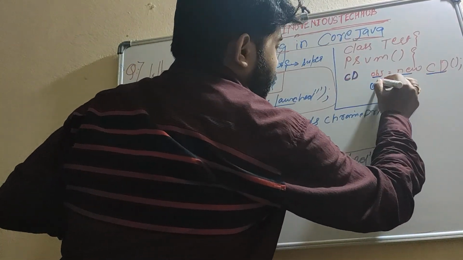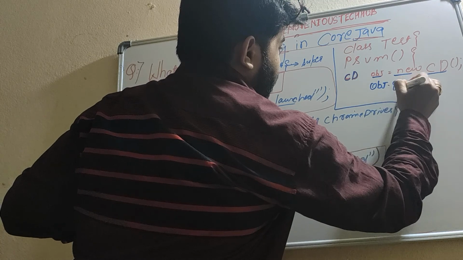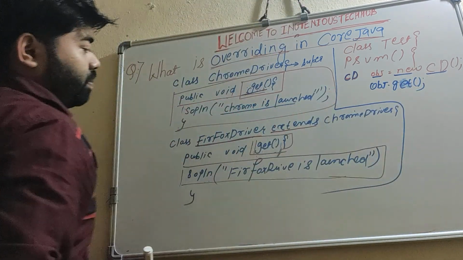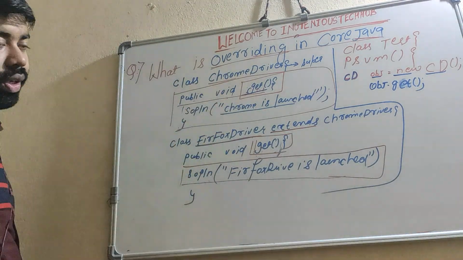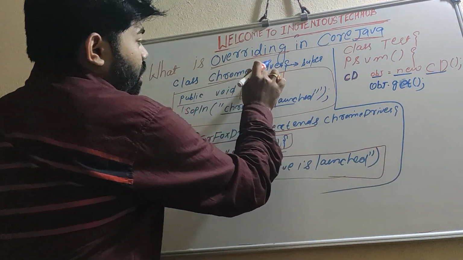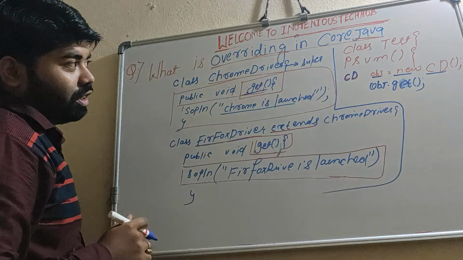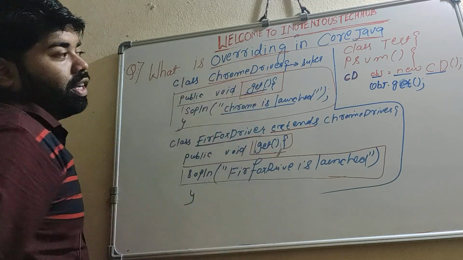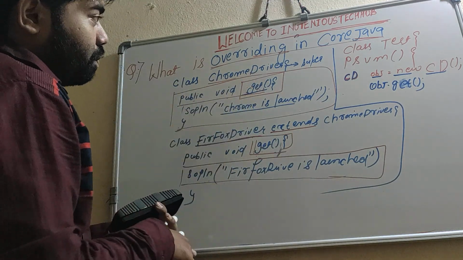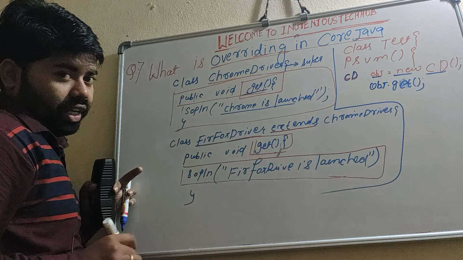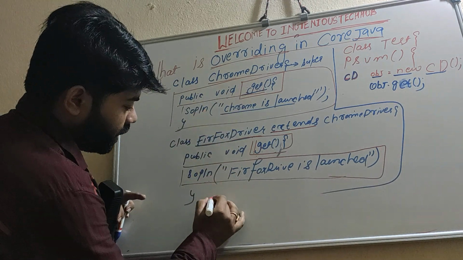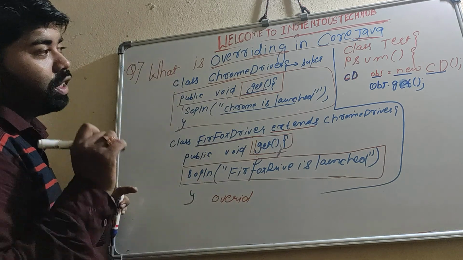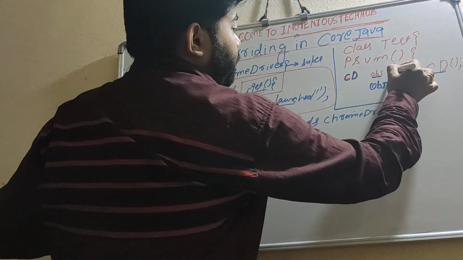If you call the obj.get method, which method will execute, ChromeDriver's or Firefox's? Here is the execution rule for overriding: the overriding concept will execute based on which type of object you have created.